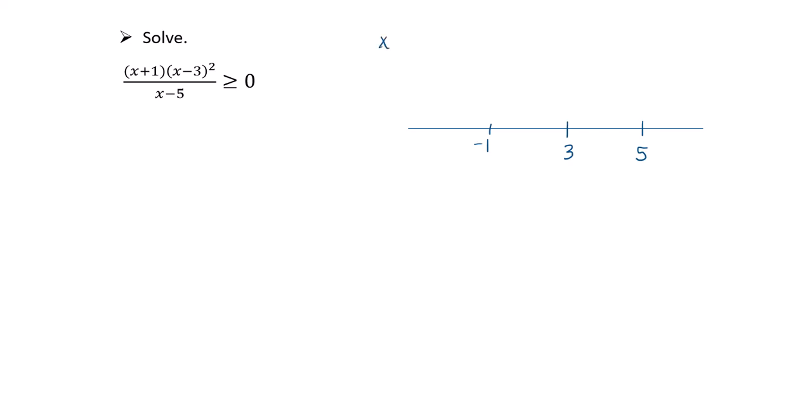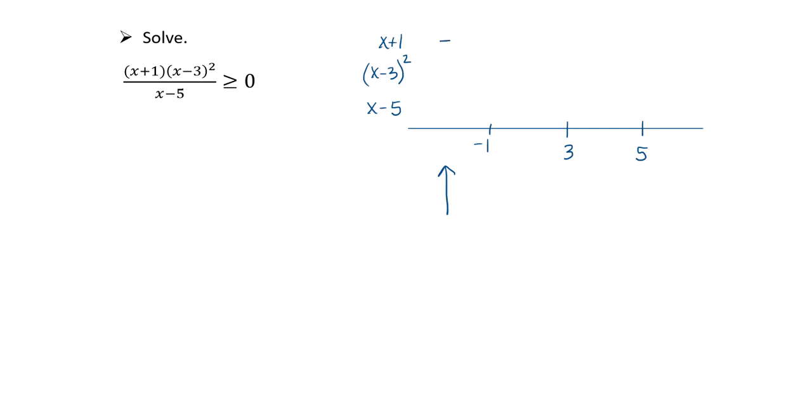Now I'm going to write each of the factors to the left. x minus 3 is squared, so make sure that we use that, and x minus 5. All right, we're going to test this interval, maybe a negative 2. Negative 2 plus 1 is negative.